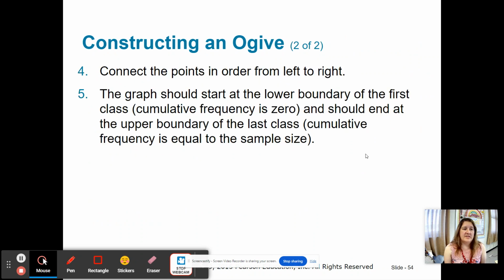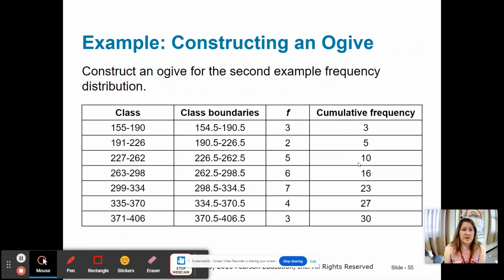So you can pause and read through the directions. We're going to start with the lowest class boundary, and then we're going to flow using the upper class boundaries and label the cumulative frequency.